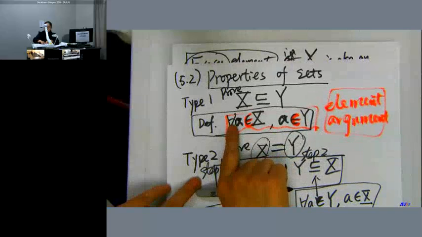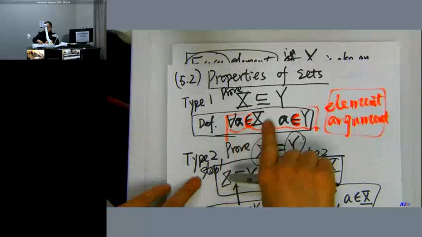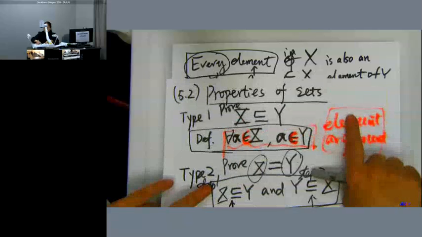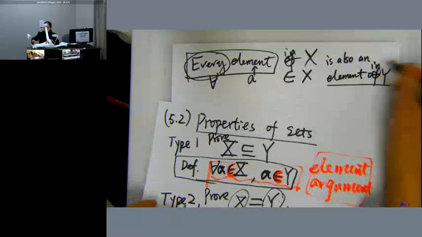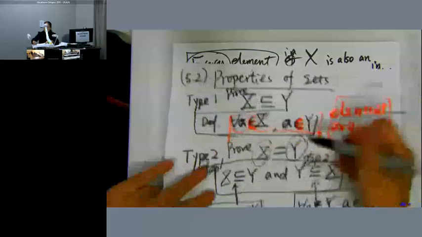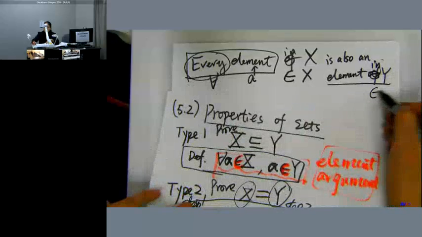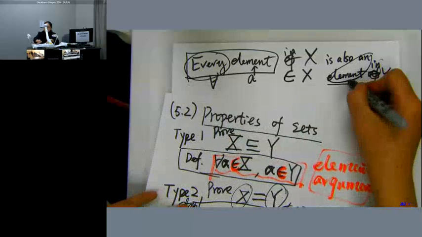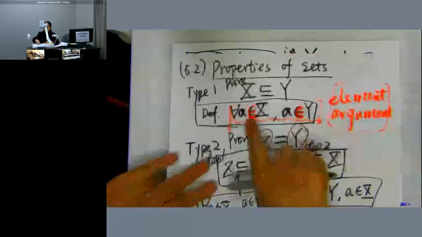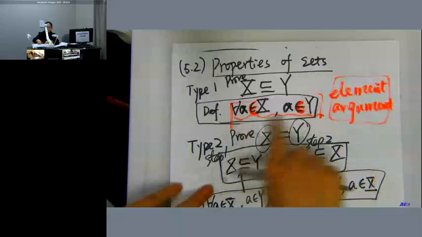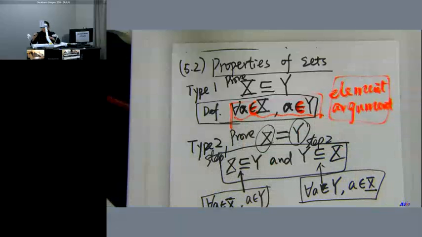Usually when we read this upside down A, we say for any element A in X. But if you want to say every element A in X is also an element in Y, then in Y, instead of "of," "in" corresponds to the belongs to symbol. An element means the same element A. So when you translate that sentence into mathematical symbols, you're going to get this. All right, so that's the definition you have to use.